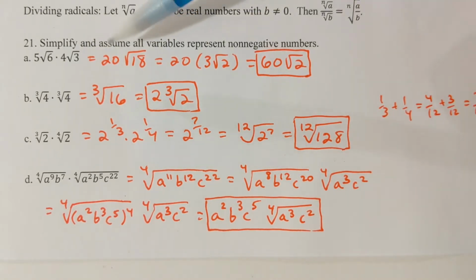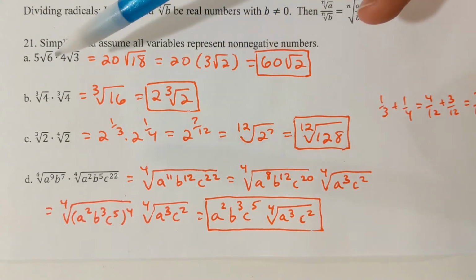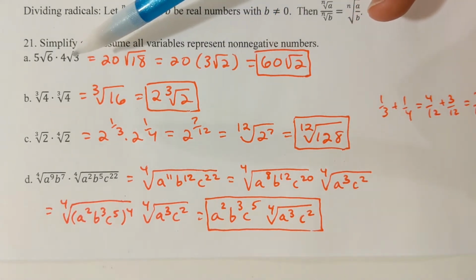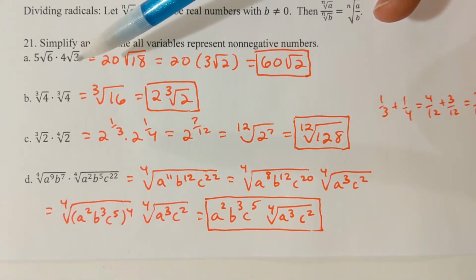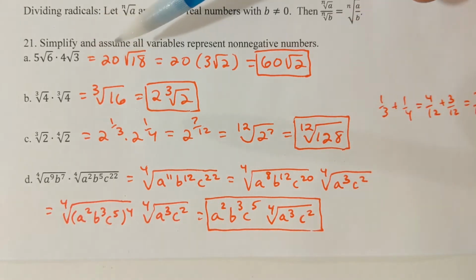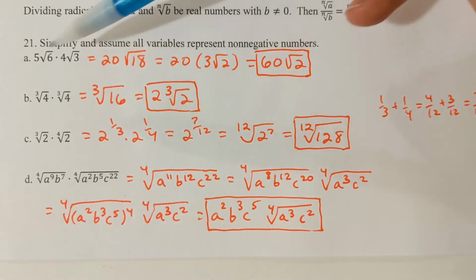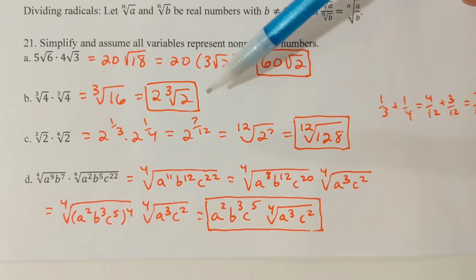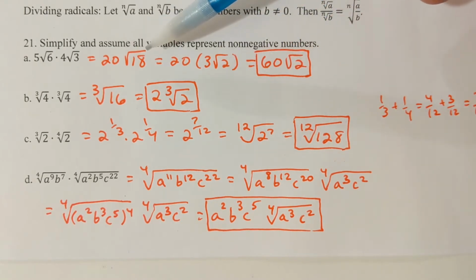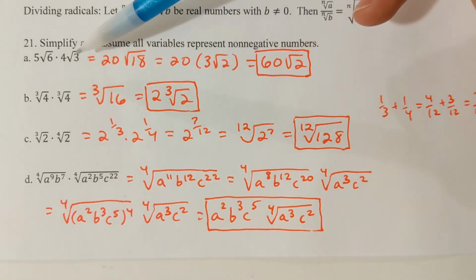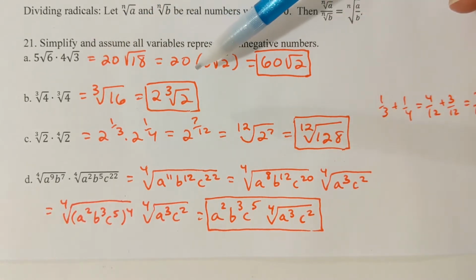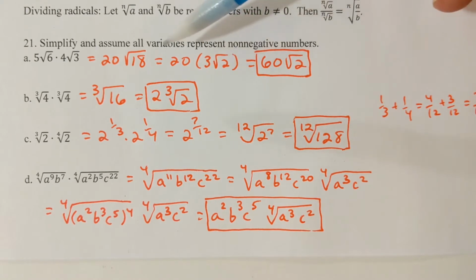Well, I know that 5 times 4 is 20. The square root of 6 and the square root of 3, neither one of those simplify to be whole number values, but if I multiply them, I would get the square root of 6 times 3, which is 18. Now root 18 is going to break down for us. I don't want to use 6 and 3, because neither one of those radicals go away, so I need to think of the best pair of numbers in order to break this down further.